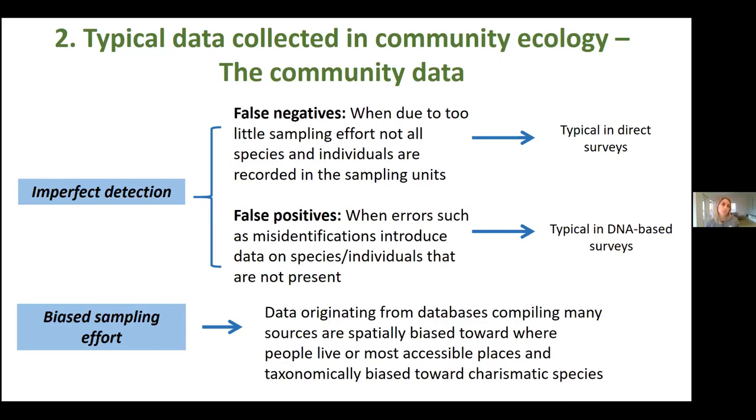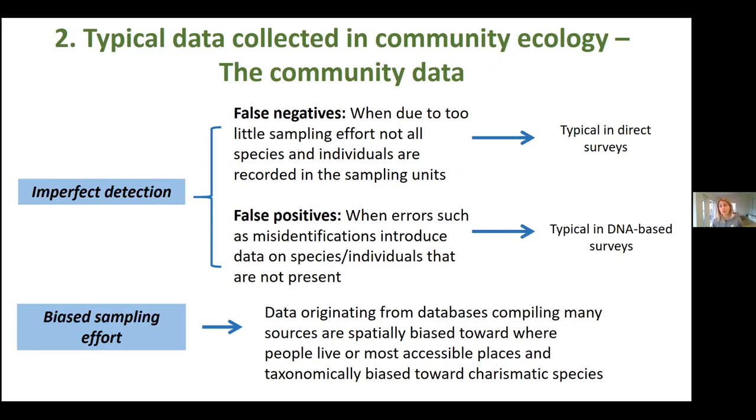One very common type of error is the so-called imperfect detection. For example, in direct observational studies, when we go to the field and directly record the species that we find, it's quite common to introduce false negatives into the data.